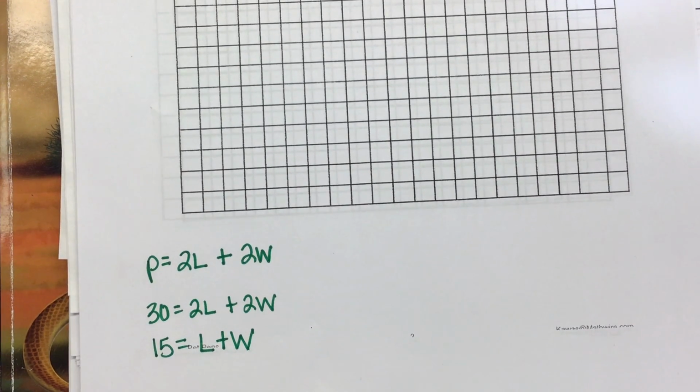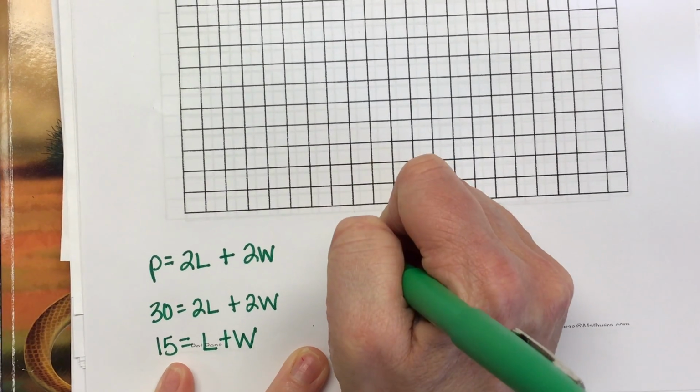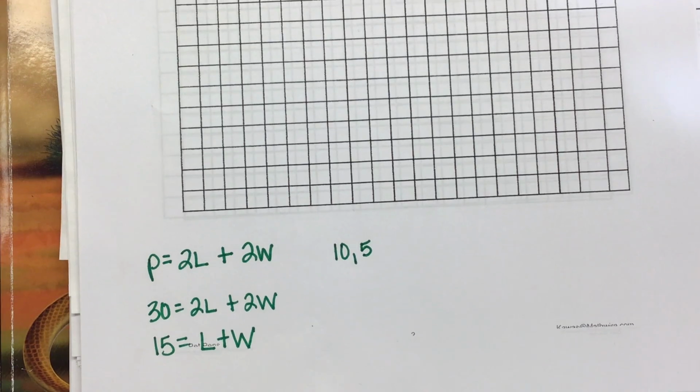What's one possible length and width for our rectangle? 10 and 5. Okay. What else could we use? 8 and 7.